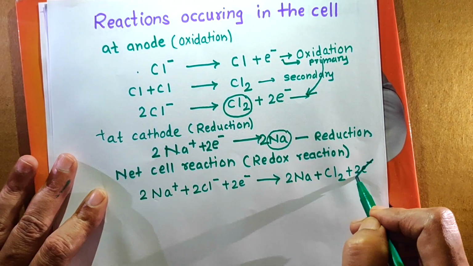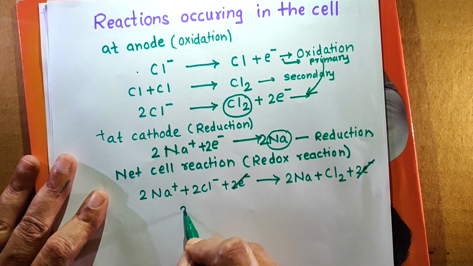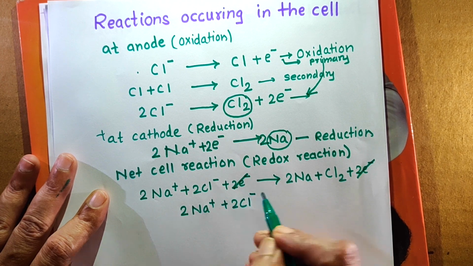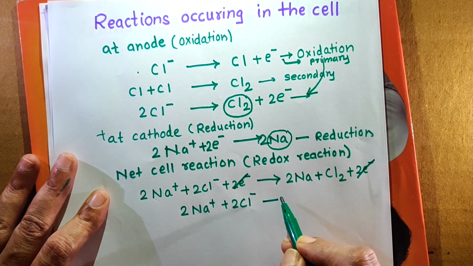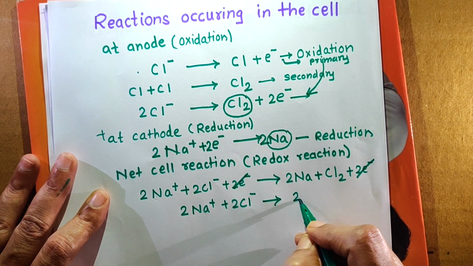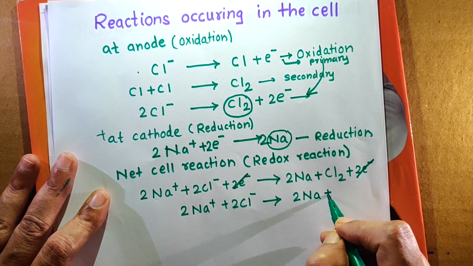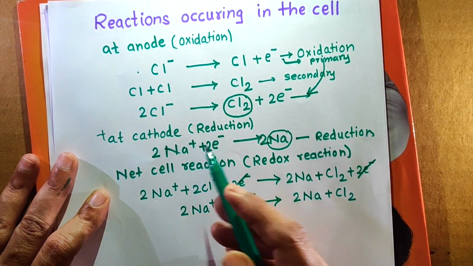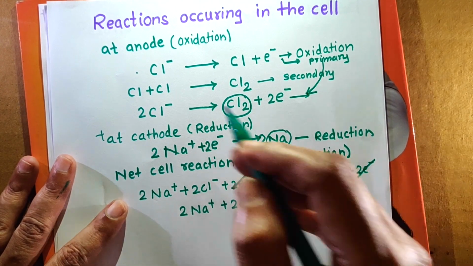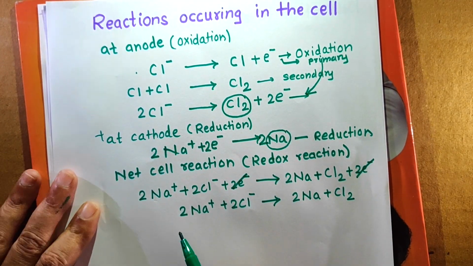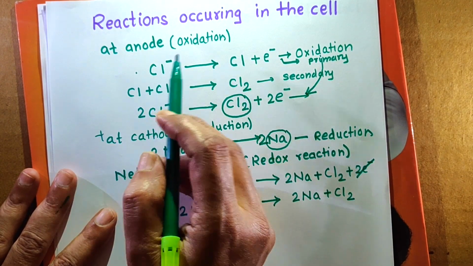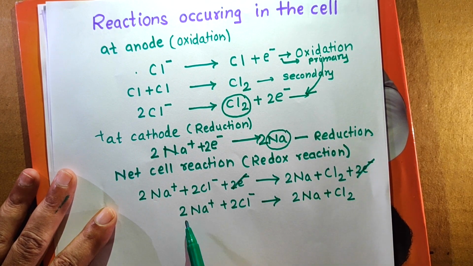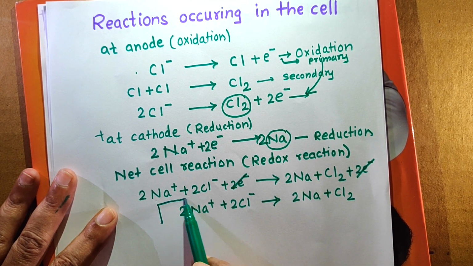These 2 electrons will be cancelled, and the net reaction is 2Na+ plus 2Cl-. We have taken Na+ ions and Cl- ions, and we have obtained sodium metal and chlorine gas. Sodium metal is obtained at the cathode and chlorine gas at the anode. So the net cell reaction during the electrolysis of molten or fused NaCl is represented by this redox reaction.